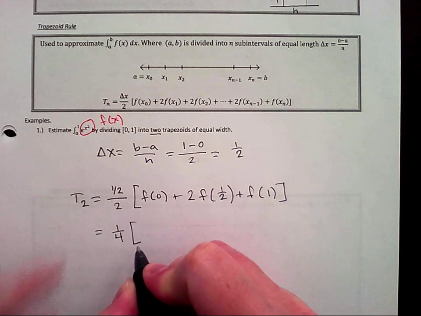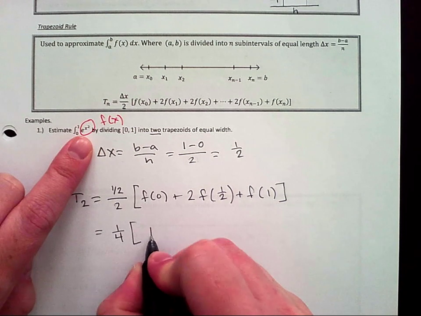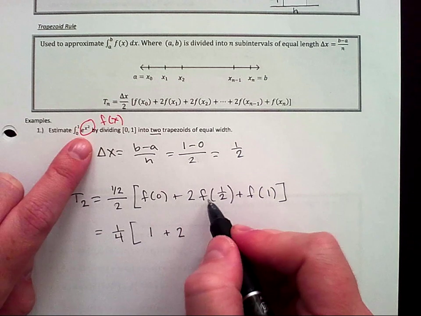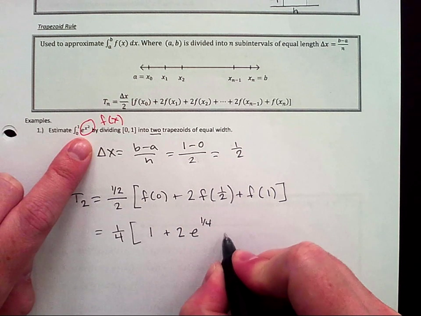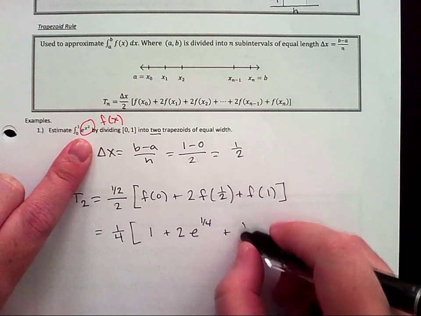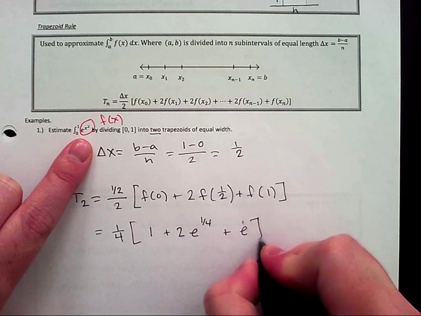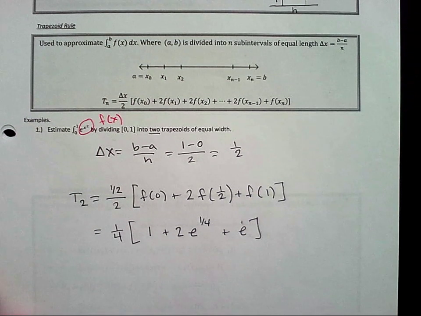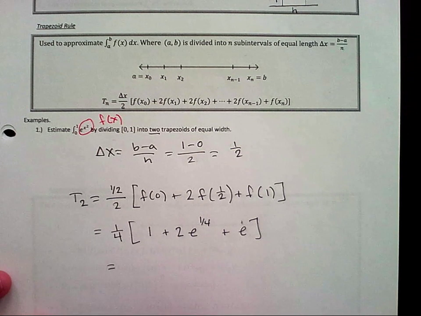All right, so if I plug 0 in, 0 squared, e to the 0 is 1, plus 2 times e to the 1/4, plus f of 1. Plug 1 in, 1 squared is 1, you get e. All right. So what do you get?